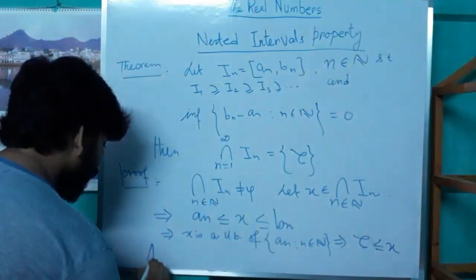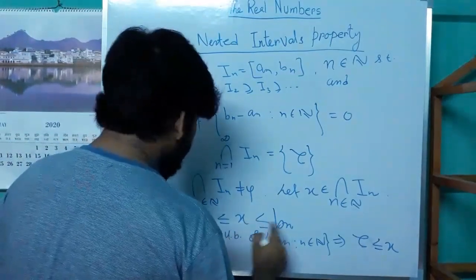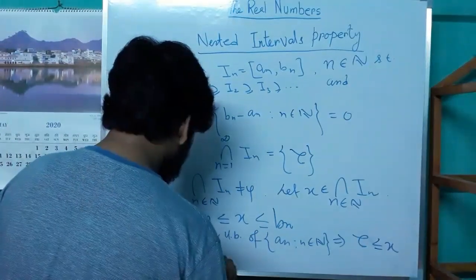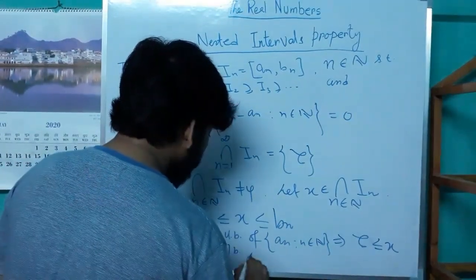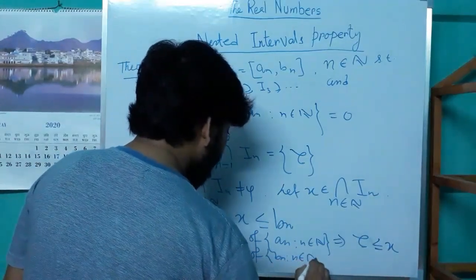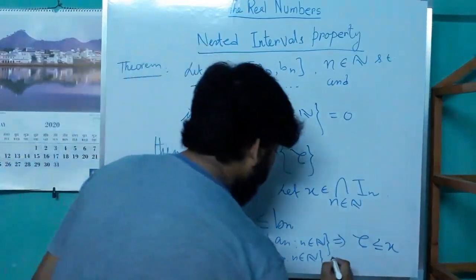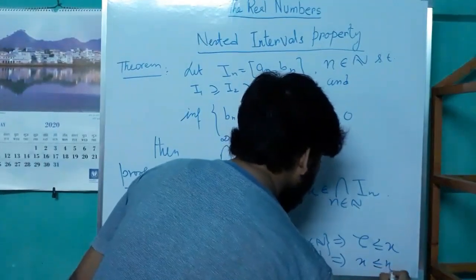Again, x is a lower bound of the set bn and eta is the infimum of the set bn. So obviously x less or equal to eta.